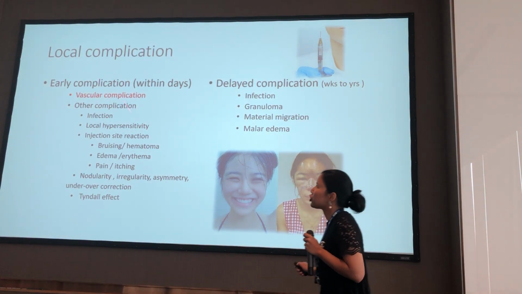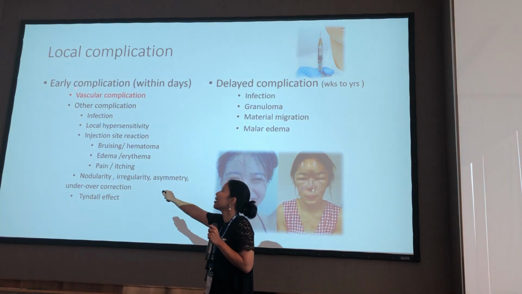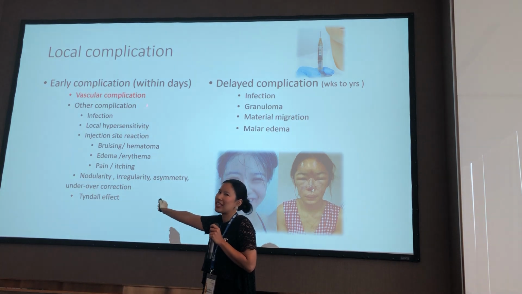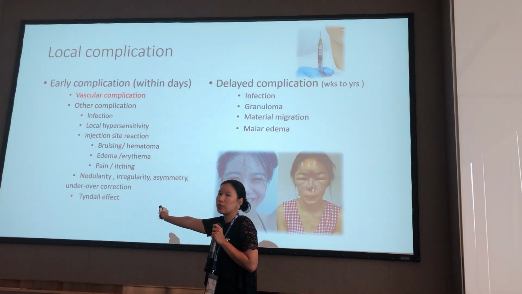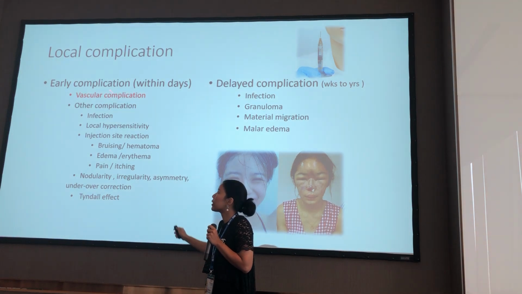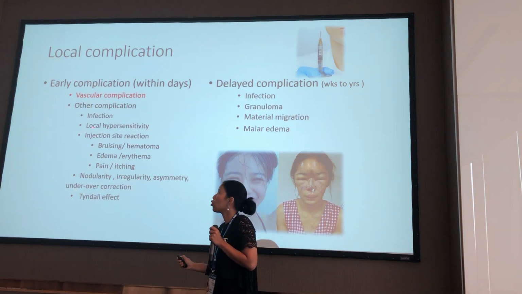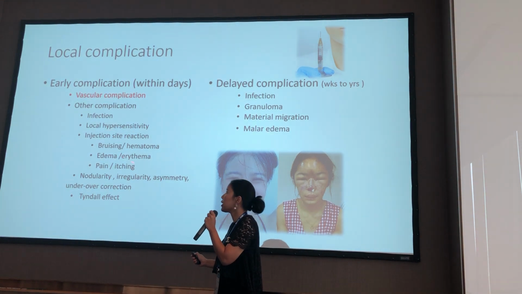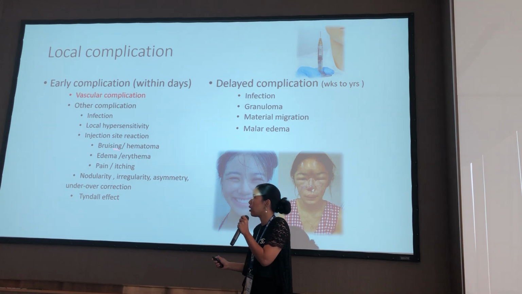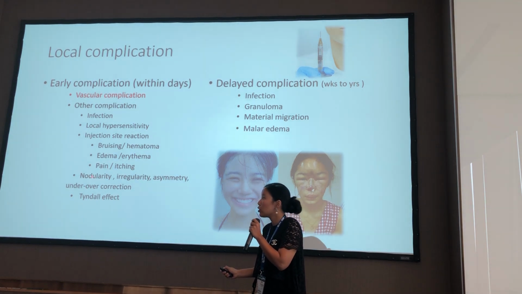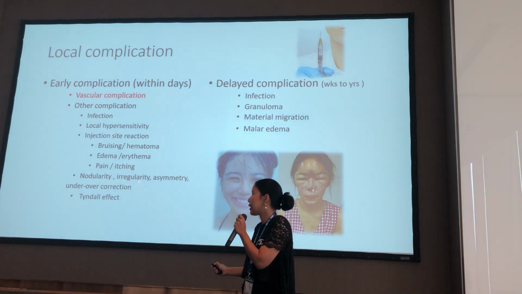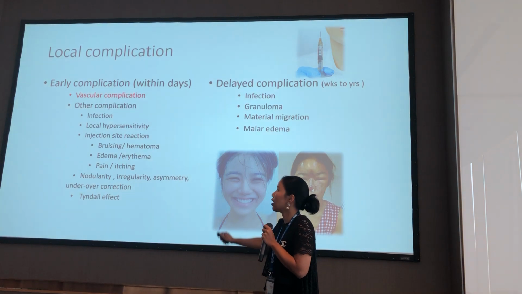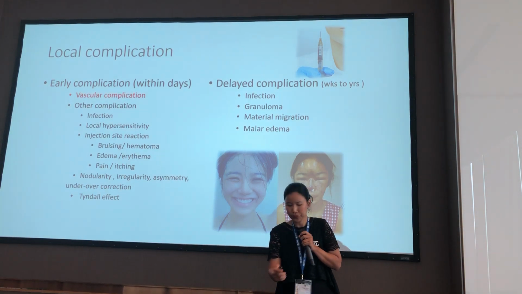For the early complication, the top one here does not happen often, but it costs you a lot if it happens. It's the vascular complication. The other early complications that you can detect include infection, local hypersensitivity, injection site reactions like bruising, hematoma, edema, erythema, pain and itching, nodularity, irregularity, asymmetry, under- or overcorrection, or the Tyndall effect.